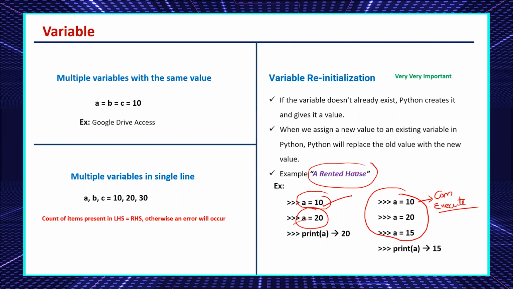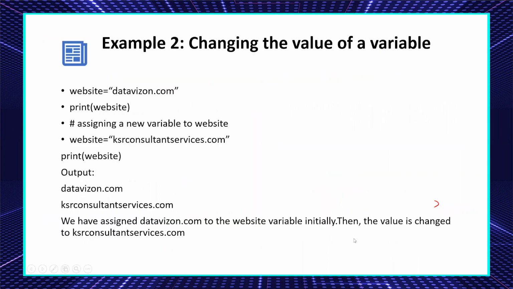The latest value assigned to variable A replaces the previous value every time. Initially A is 10, then 20, then 15. It always displays the latest value. What is the latest value? 15.